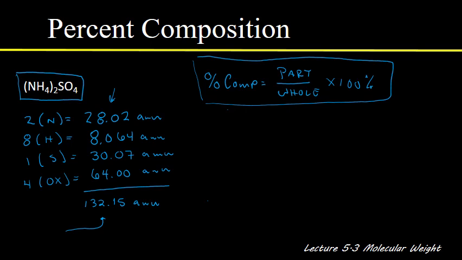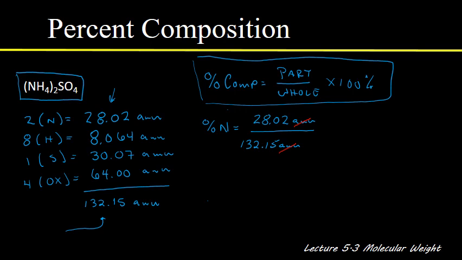So for example, for nitrogen, percent nitrogen in this compound is going to be 28.02 atomic mass units divided by the whole, which is 132.15 atomic mass units. Anytime you're calculating percentage, you've got to have the same units on the top and the bottom so that those units cancel out.